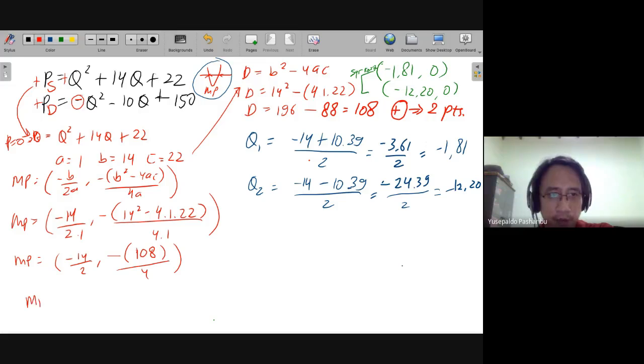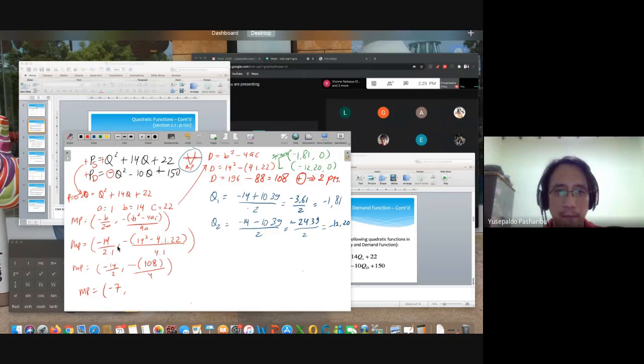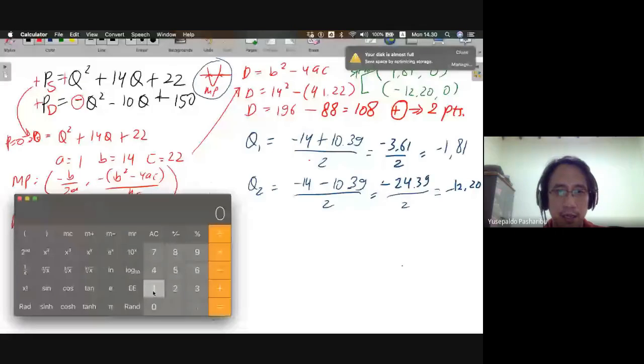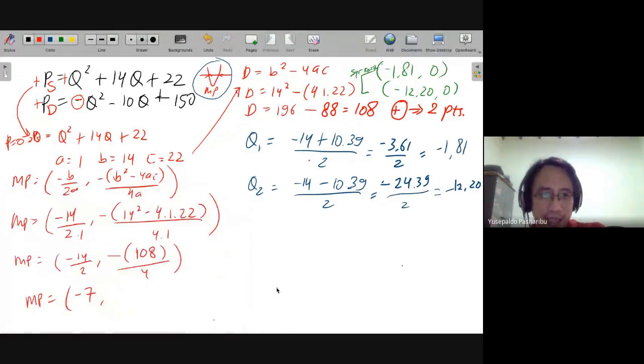So the maximum point equals minus 14 divided by 2, minus 7, comma, 108 divided by 4, 27. And don't forget the minus, minus 27. This is the maximum point. The maximum point is minus 7, comma minus 27.